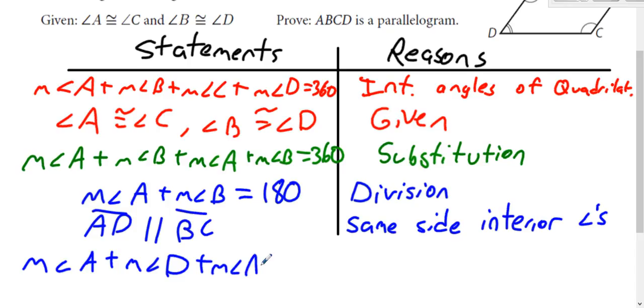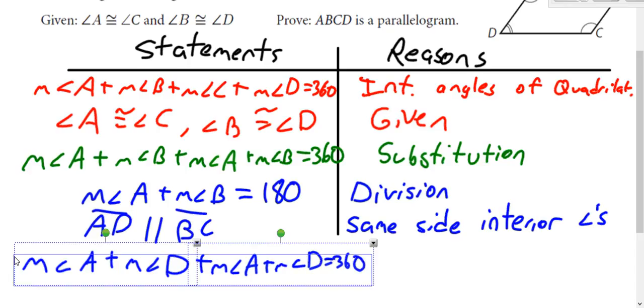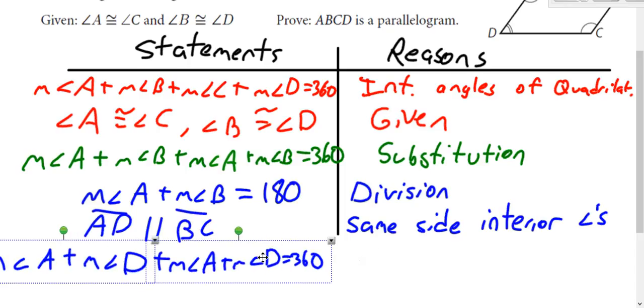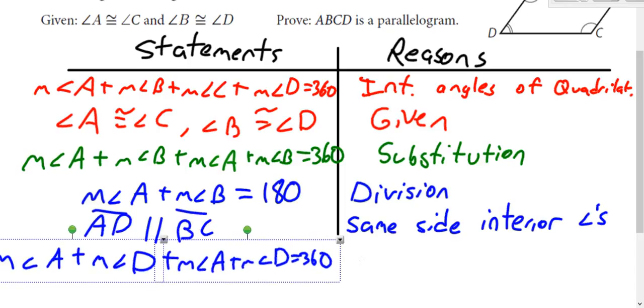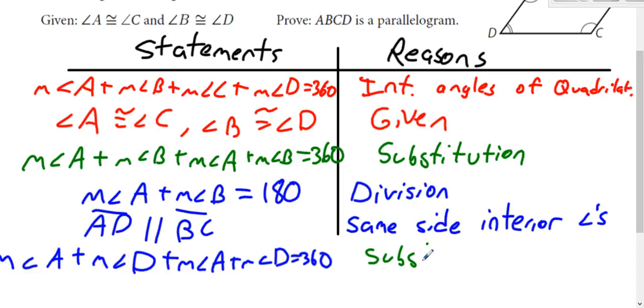Plus the measure of angle A plus the measure of angle D. Same as before, that was substitution, we're just doing it a different way.